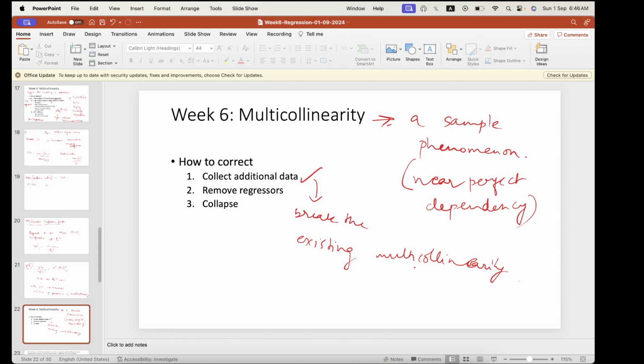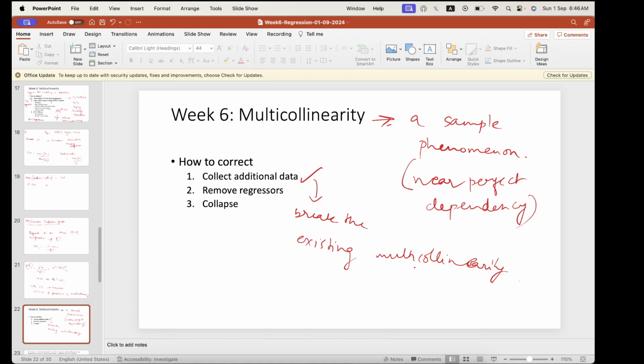So if cost and time and other things permit, we can definitely collect additional data to work around this problem.